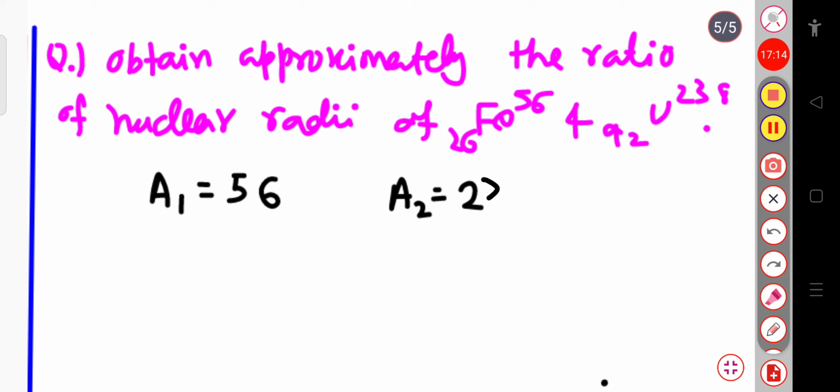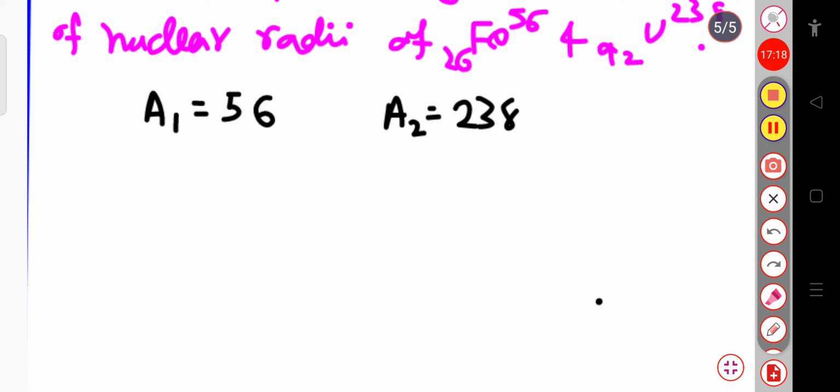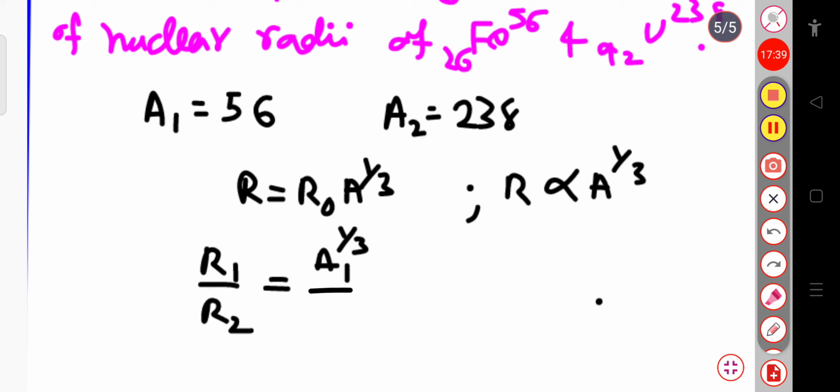From the relation R equals R naught into A power 1 by 3, we can also represent this as R is proportional to A power 1 by 3. So if I take the ratio R1 divided by R2, since it is directly proportional to A power 1 by 3, I can write A1 power 1 by 3 divided by A2 power 1 by 3.